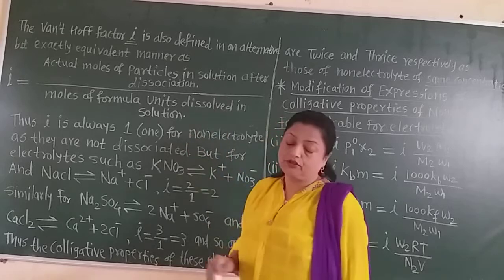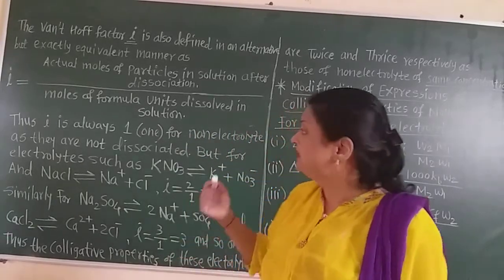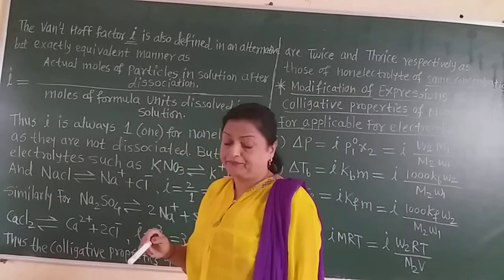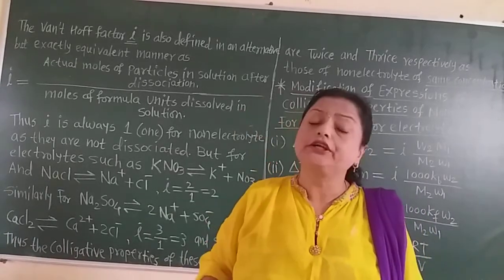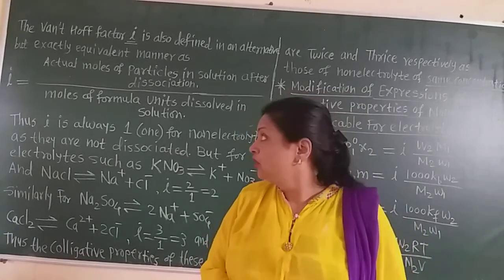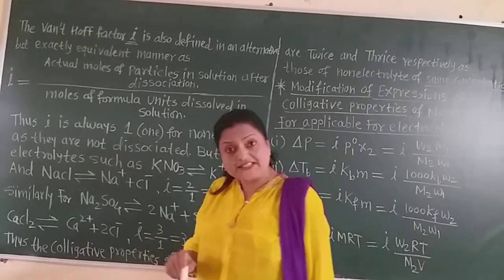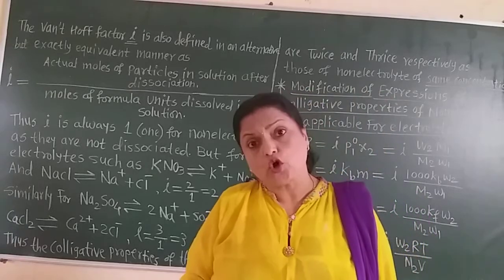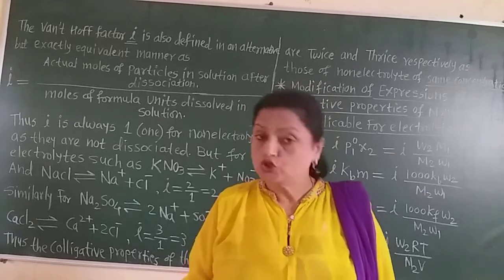Now this is for both non-electrolyte and electrolyte, and we know that the non-electrolyte does not dissociate in water. So actual moles of particles in solution after dissociation remains the same as the moles of the non-electrolyte which we dissolved into the solution.